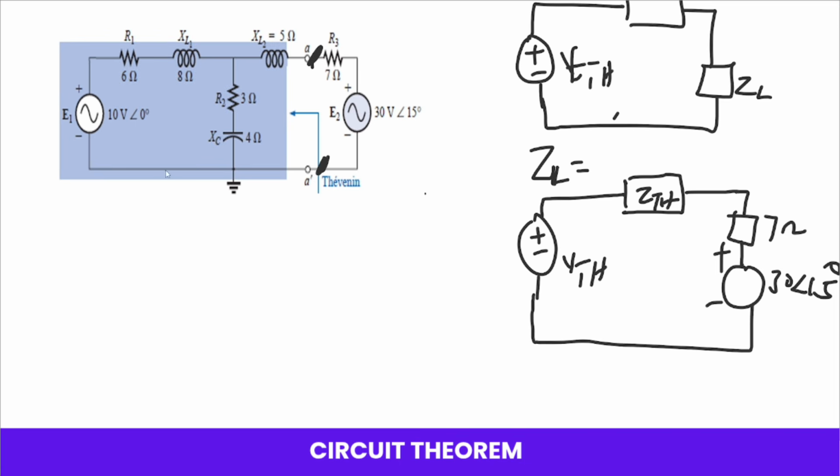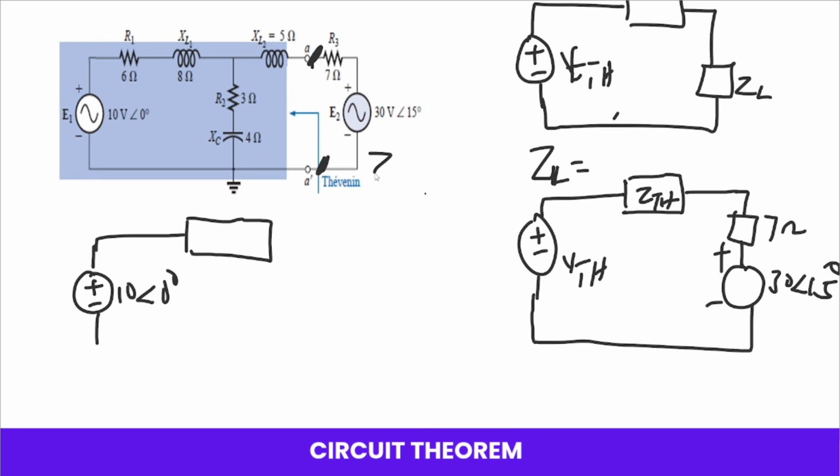We know that VTH is the open circuit voltage. So let's do that. We'll have this one here, 10 angle 0 degrees. And then I want to represent this one in its impedance form, so let me call that one Z1.